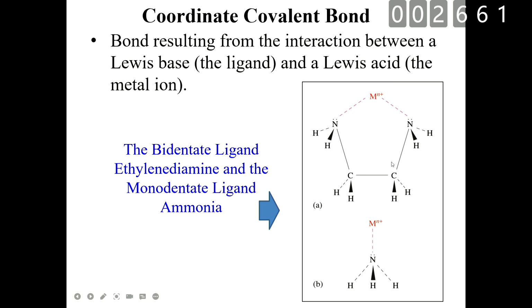So this ligand forms two covalent bonds with the metal. Okay, so this is called a bidentate ligand. Bidentate ligand. Okay, but for this ammonia, it only has one nitrogen. It can only form one covalent bond with metal. So it's called a monodentate ligand. Okay.